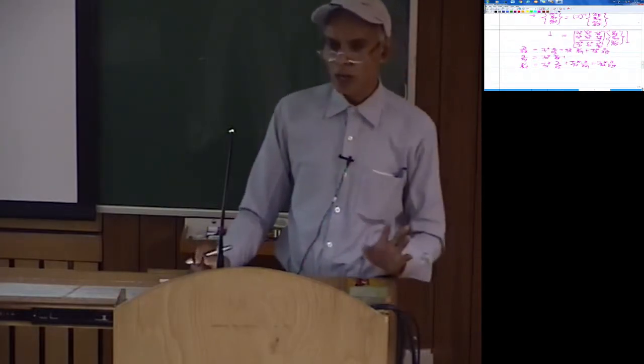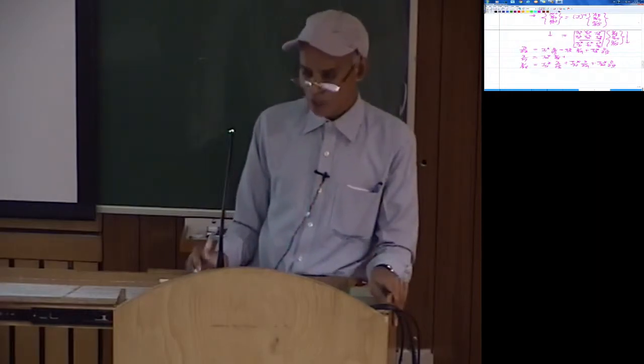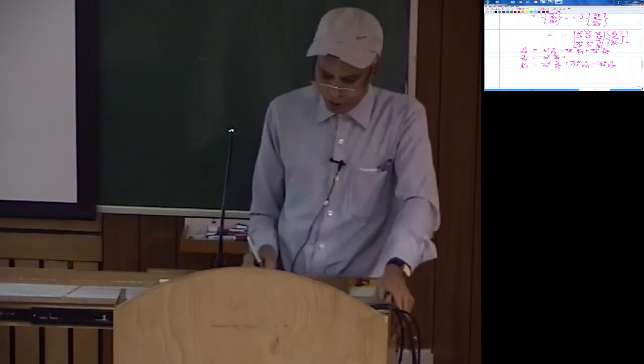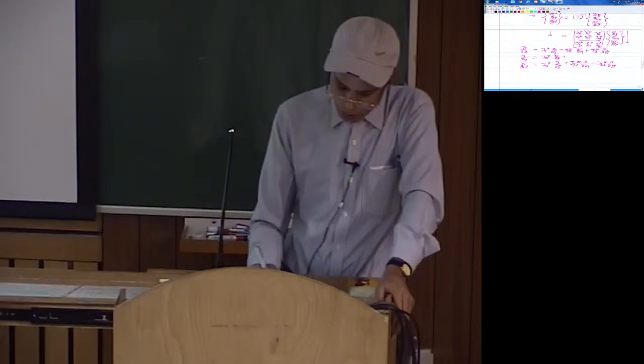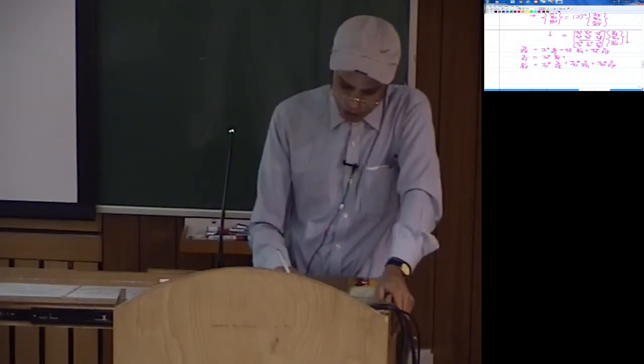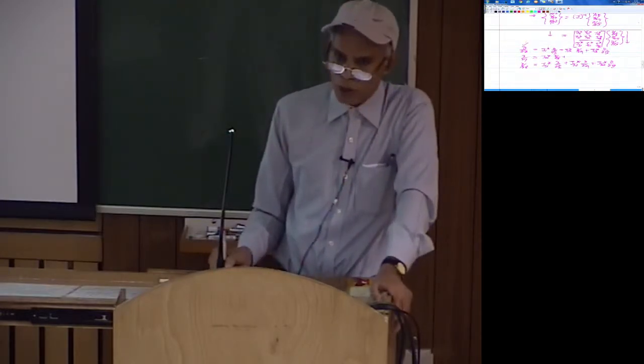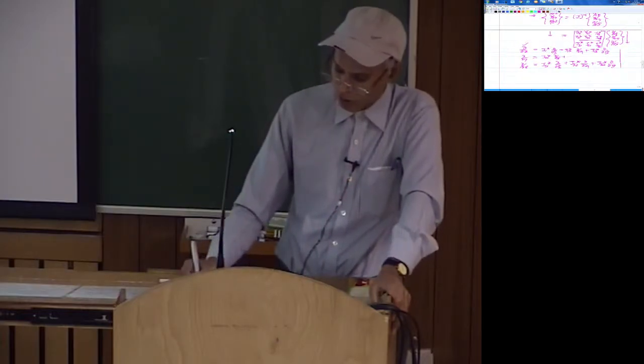So once we have defined our Jacobian matrix and its inverse, if we have derivatives with respect to xi, eta and zeta, we can work out the derivatives with respect to x, y and z. That is what these relations are telling you.